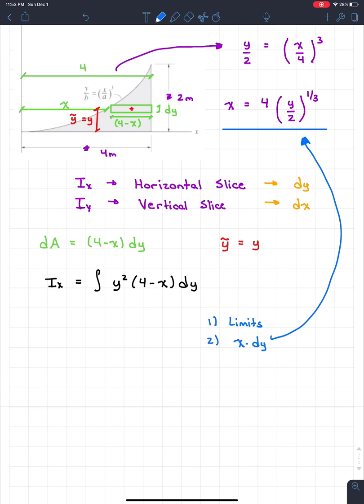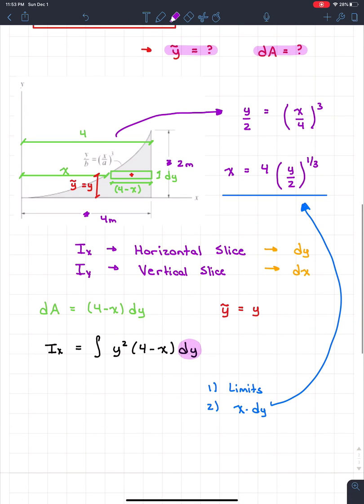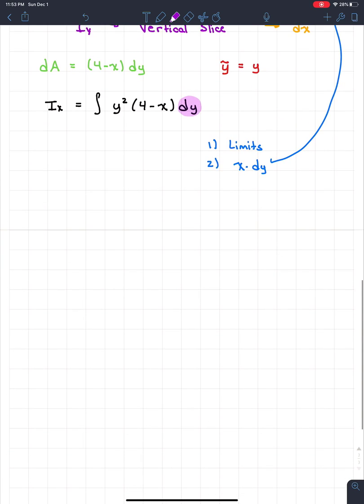So for the limits real quick, if we have a dy, oops, I just about erased it. Since we're integrating with respect to dy, our hint is we're integrating over this y-axis. And we know that our curve goes from 0 to 2. So this integral actually becomes Ix is going to be equal to the integral from 0 to 2 of y squared.